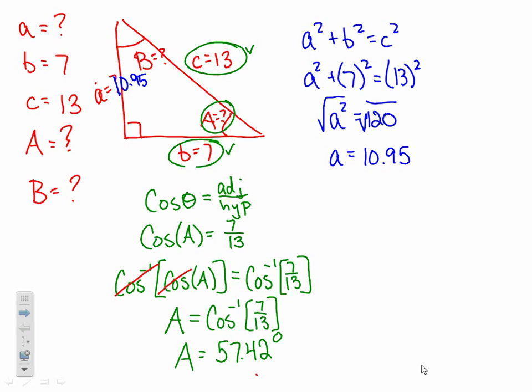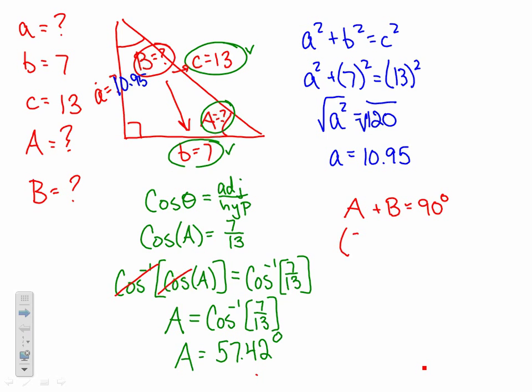Now we could subtract like we did before, and that's probably the quickest way. The other way that we could do this, we could solve for angle B up here if we wanted to. So we could solve for angle B by using opposite and hypotenuse. So we could use sine and do the inverse sine. I think it's just easier to subtract at this point. So we're going to go with that. So I know that angle A plus angle B is equal to 90 degrees.